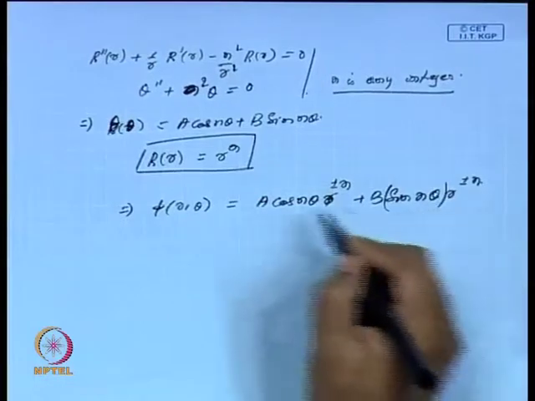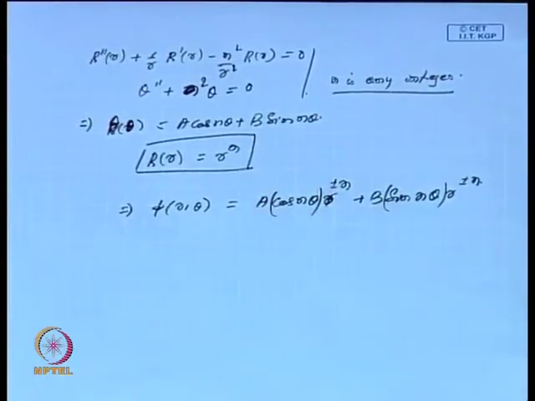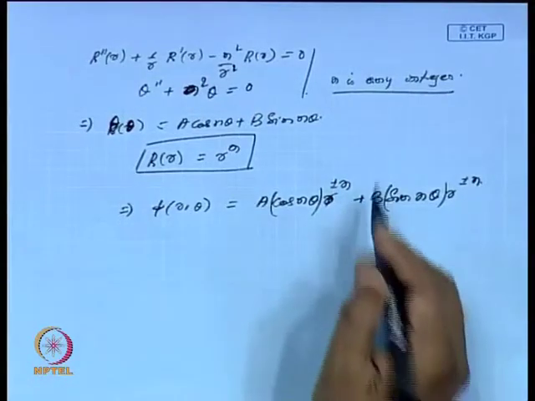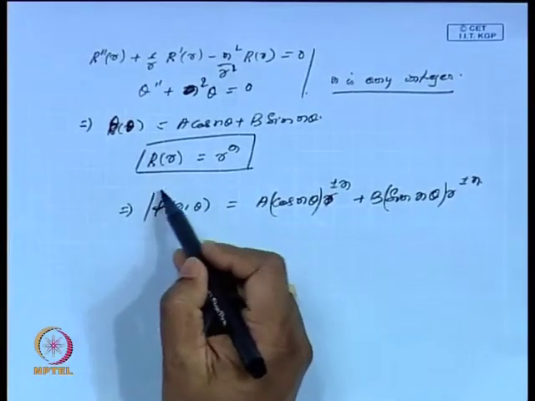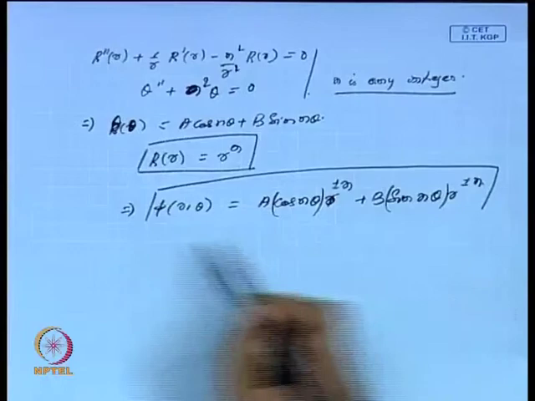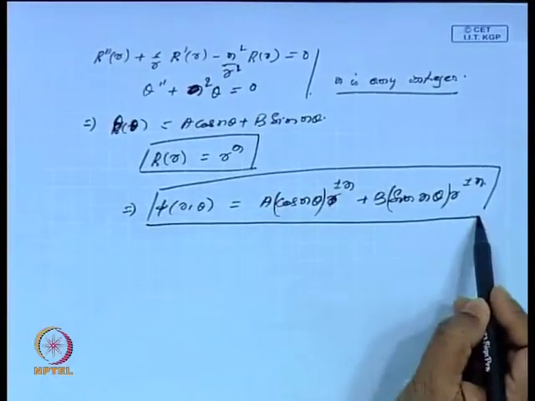Here a, b are arbitrary constants. For various values of n, I can choose any n, and accordingly depending on n I can get one of the solutions, but this is the most general solution in the polar coordinate in 2 dimension.